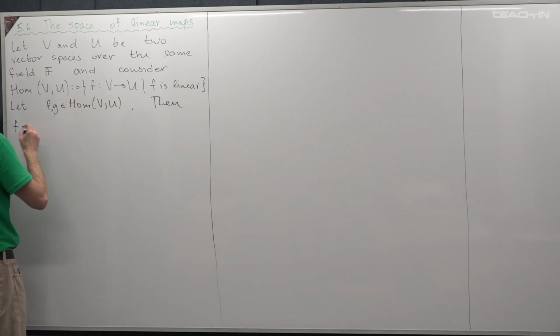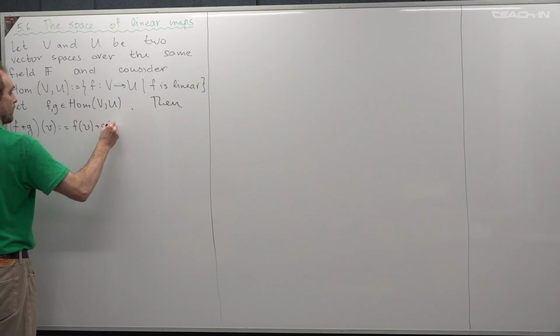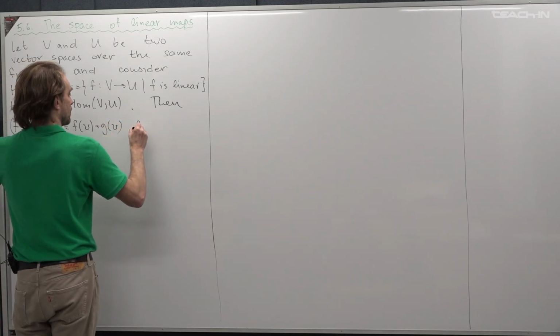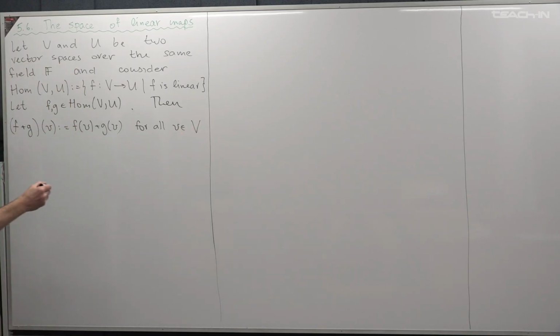I'm going to apply it to a vector from the first space, and by the definition it is just f of v plus g of v for all v from V. So obviously this is also a linear map.